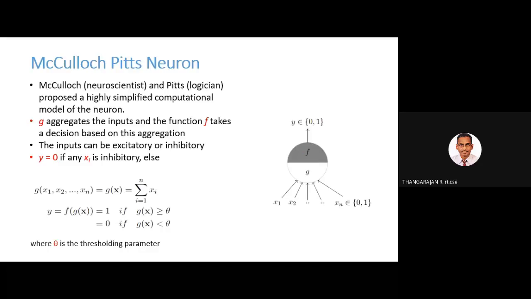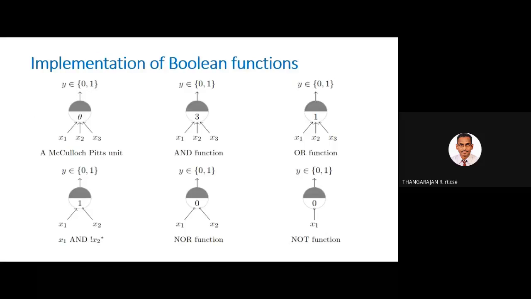Next, I will get into the implementation of Boolean functions using this McCulloch-Pitts neuron. I've taken 3 inputs x1, x2, x3, and theta is a threshold. Output is 0 or 1.